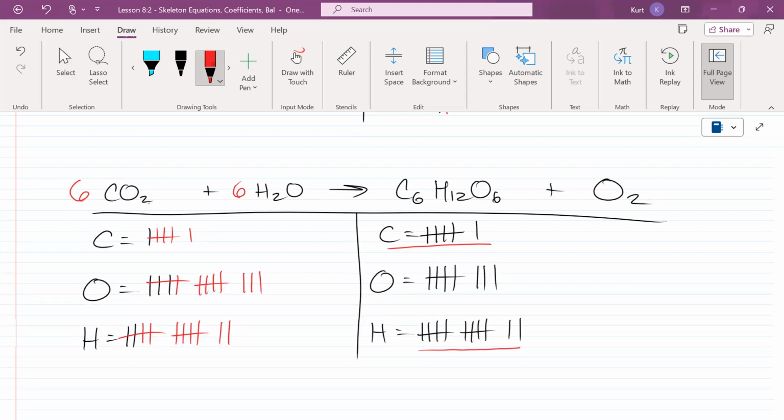And what will that do to your oxygens? Count the entire reactant side, Connor, not just water. Not 19. You got 6 times 2 over here is 12. 6 times 2. But then you got 6 times 1 there. 18.